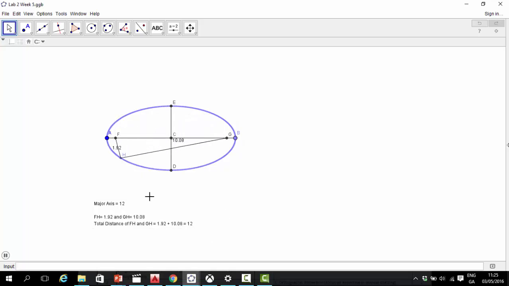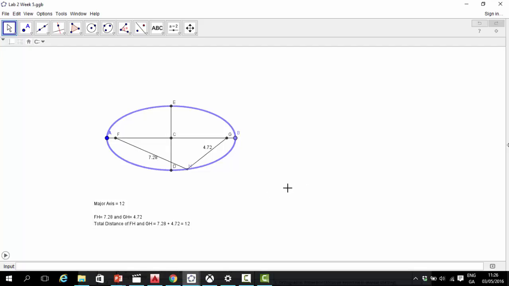So as you can see, no matter where it is on the ellipse, as H moves around, the sum of FH and GH will always be equal to 12 all the time. So as F to H decreases, G to H increases, and so on. And let's pause it there.